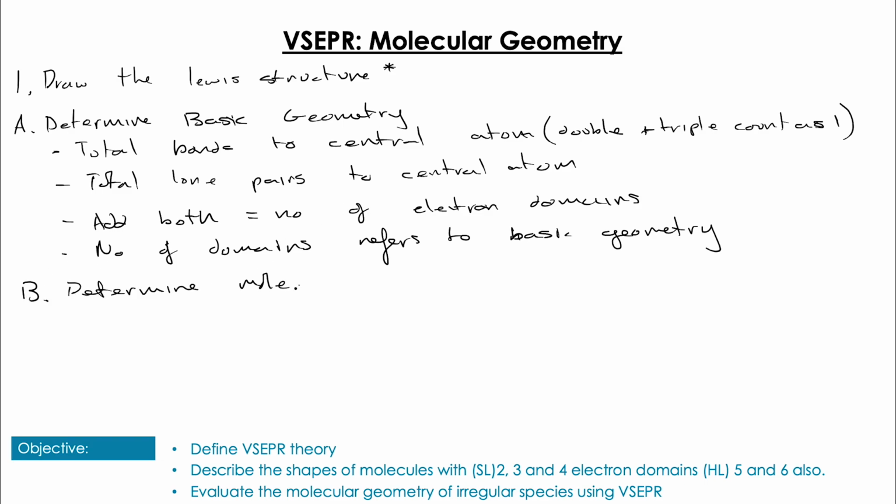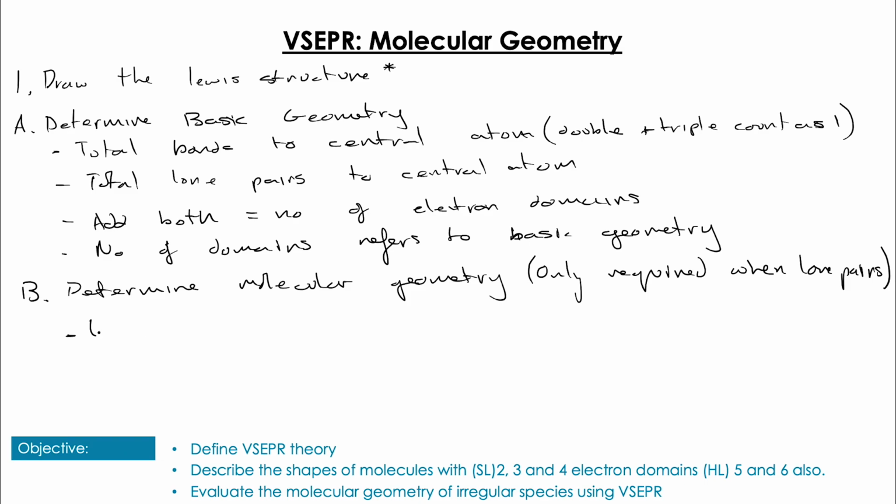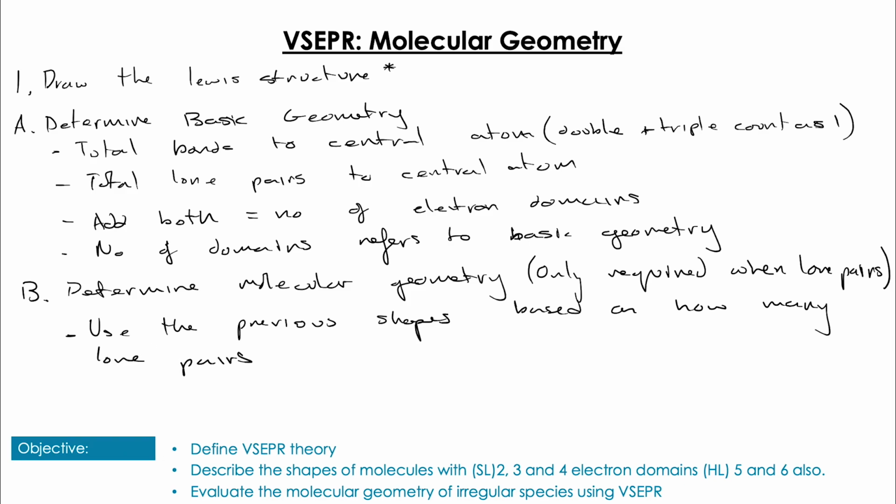And you can do this by using the shapes that I just outlined in the video. However, you can also work this out by using the lone pair repulsion rule that tells us that lone pairs will repel each other more than bonding pairs, and therefore the orientation of where the lone pairs will be in a molecule will be determined by that repulsion.